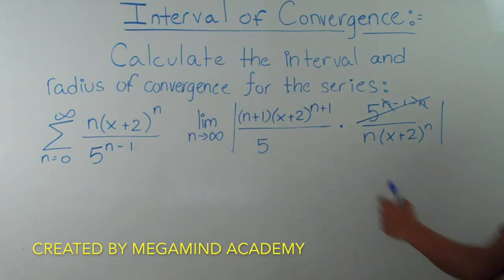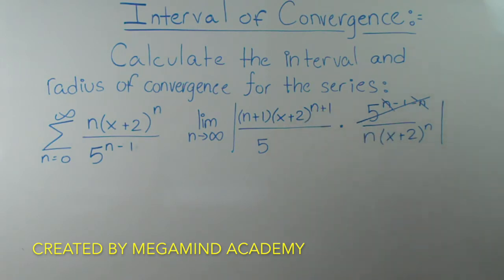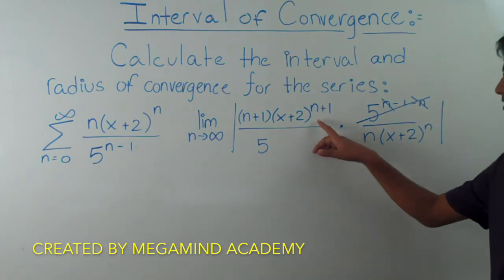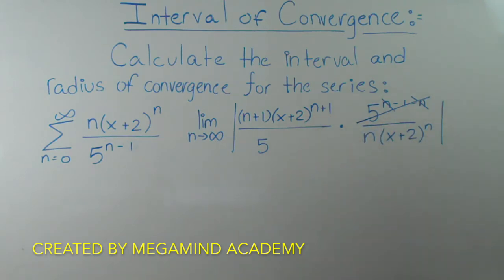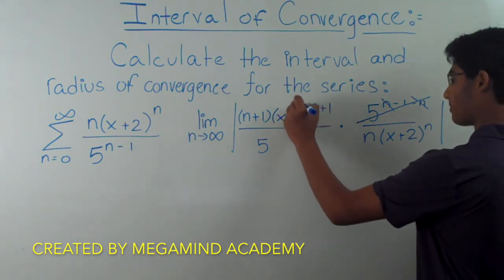Now, in the numerator, we also have two exponents with the same base. It would be (x plus 2) to the n plus 1 power and (x plus 2) to the n power. So that would be (x plus 2) to the n plus 1 minus n power, which is just (x plus 2) to the first power, or just x plus 2.